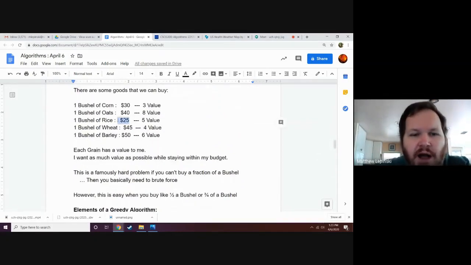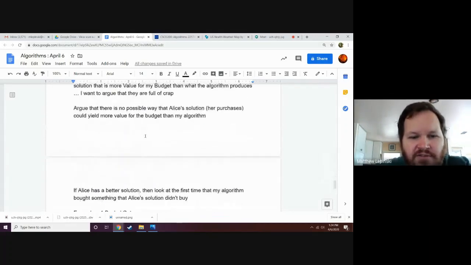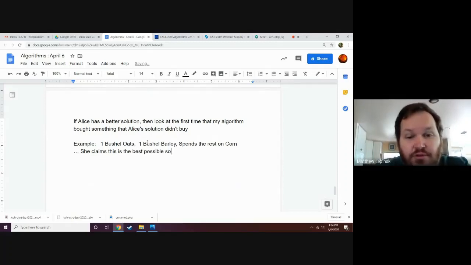She then doesn't buy the rice. She buys all of the barley and spends the rest on corn, let's say. So she buys 1 bushel of barley and then spends the rest on corn. She claims this is the best possible solution.